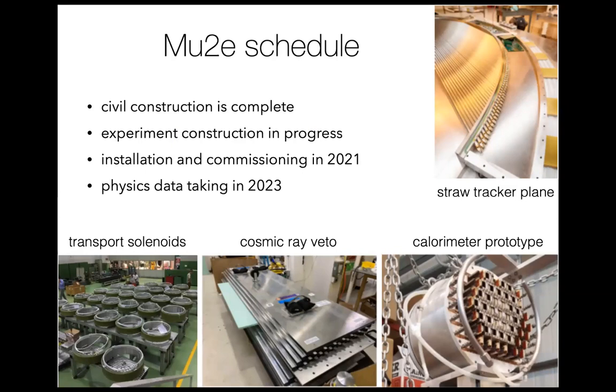The experiment construction is in progress, and the installation and commissioning is planned to start in 2021, and physics data taking will start in 2023. The experiment shares a beamline with muon g-2 and uses 8 GeV protons, unlike g-2 that uses 3 GeV muons. So the start of Mu2e will end g-2.